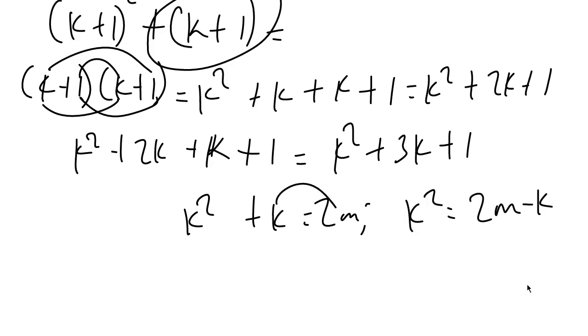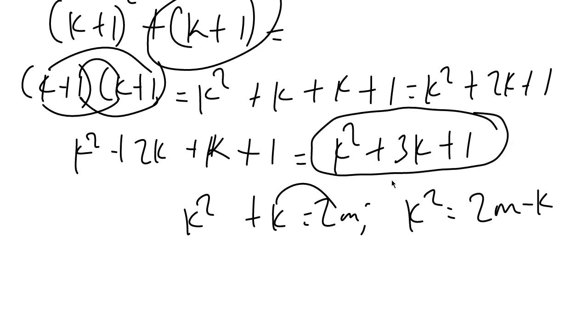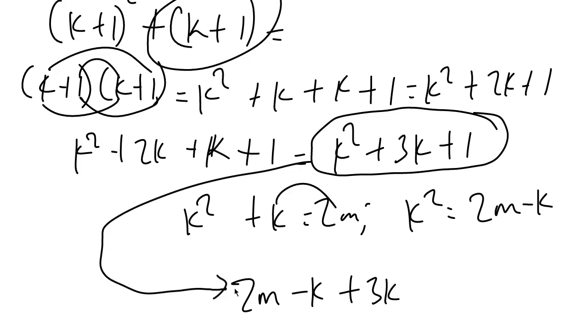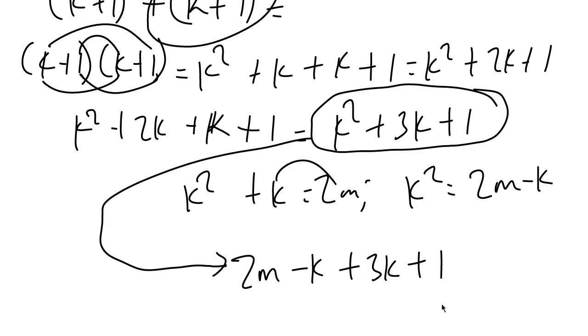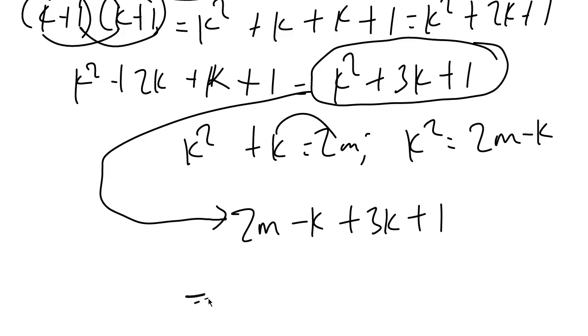So if you take that and substitute it in the expression when you substituted k plus 1 in the n function, what happens? If you substitute k squared as 2m minus k, you get 2m minus k plus 3k plus 1, and that gives you 2m plus 2k, because minus 1 plus 3 is plus 2, then plus 1.